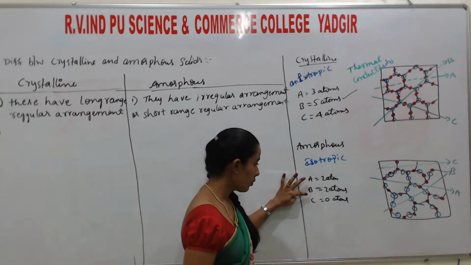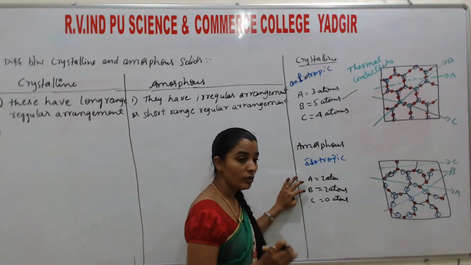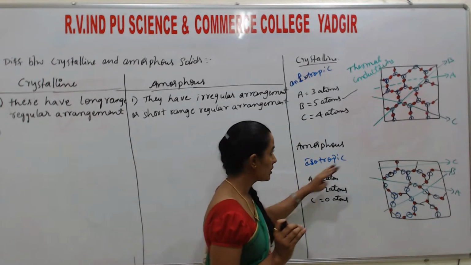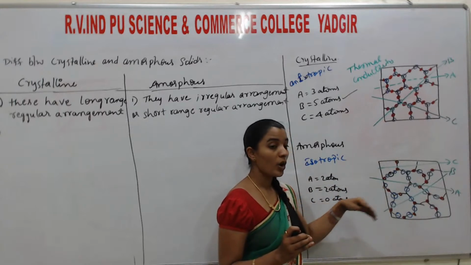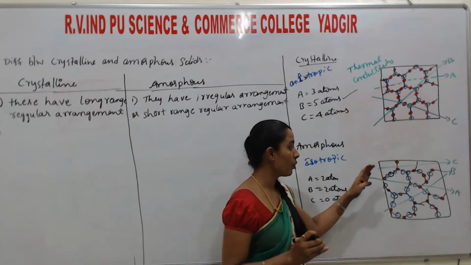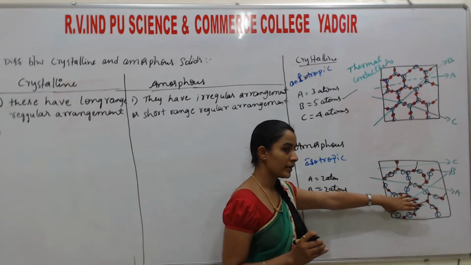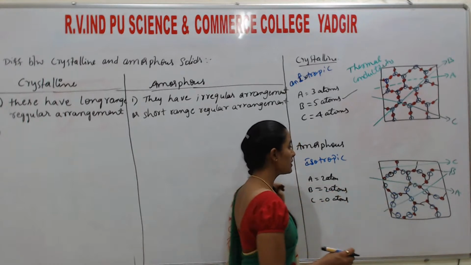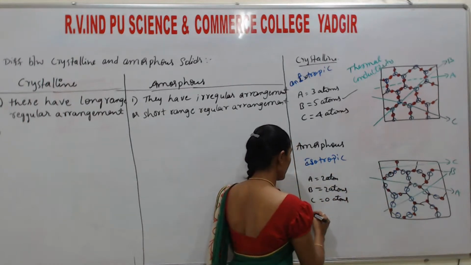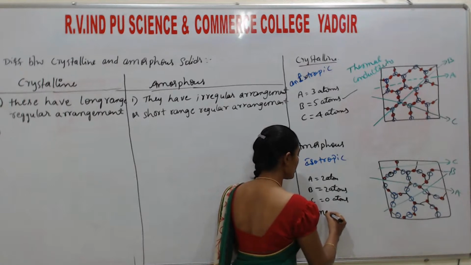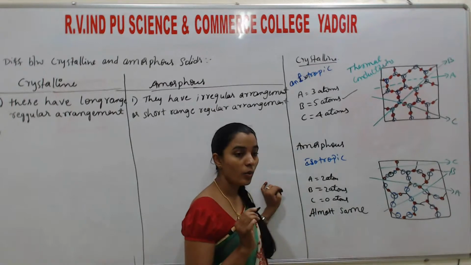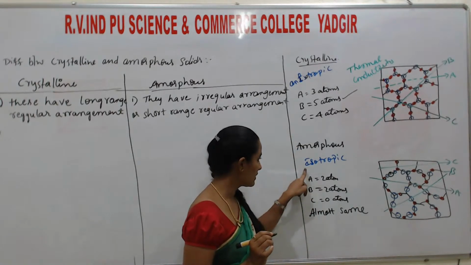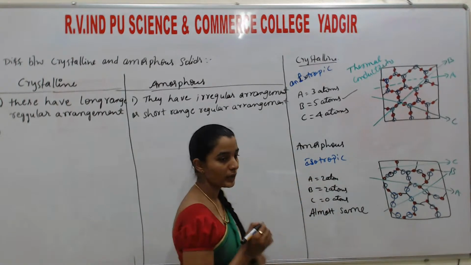Students, here we don't know where the atoms are arranged. Here proper arrangement is there, so we can easily measure. But here proper arrangement is not there and we don't know where the atoms are arranged. So in all the directions we get almost the same value, not exactly the same, almost the same value. That's why this is called isotropic in nature.